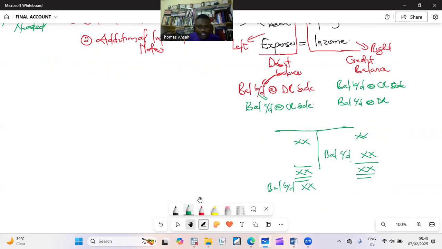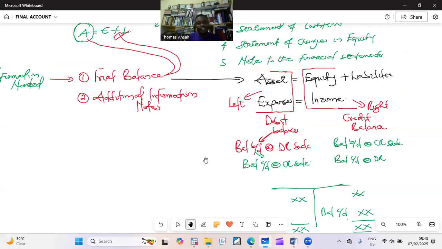So if in case you have a question, and the thing is an asset, you know for all assets the balance brought down should be at the debit, right? But in the question, you realize that the balance brought down is at the credit. Then it means that the thing has changed its status to become one of these things.